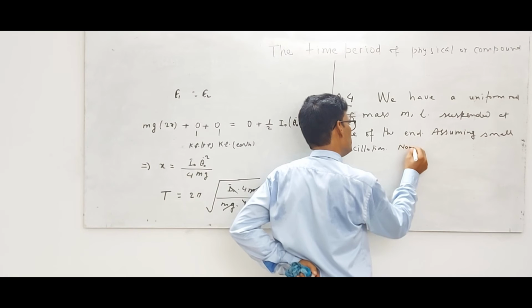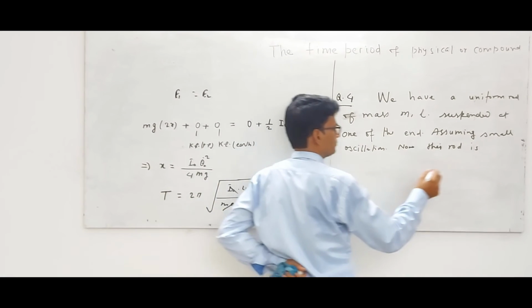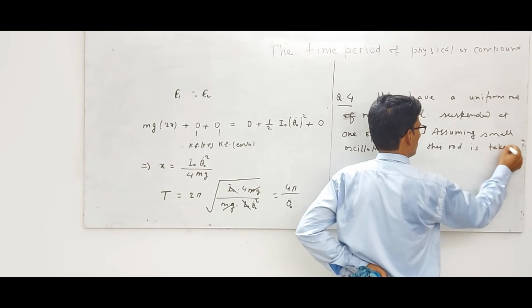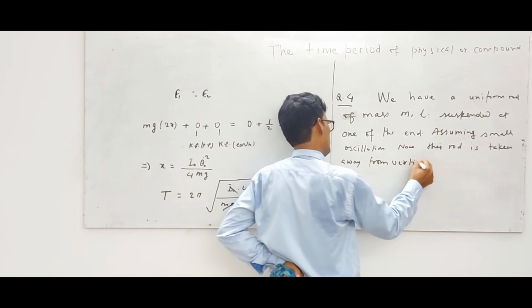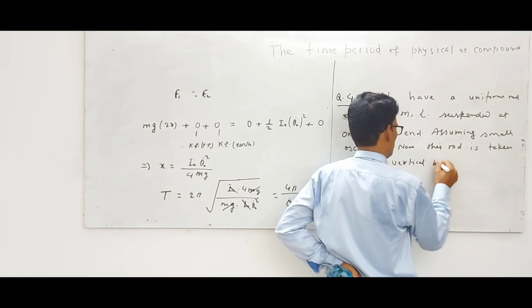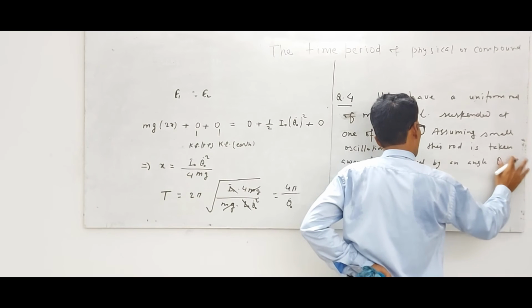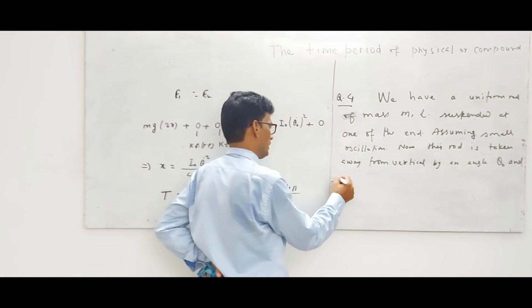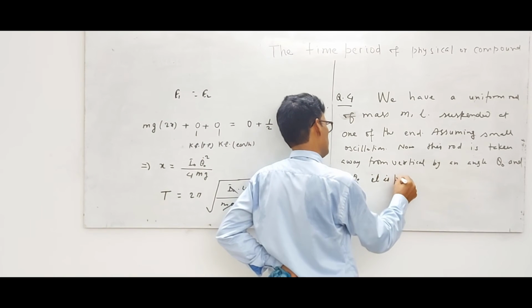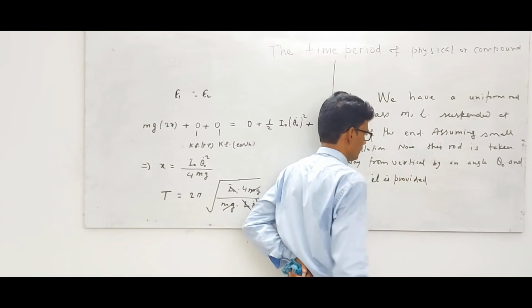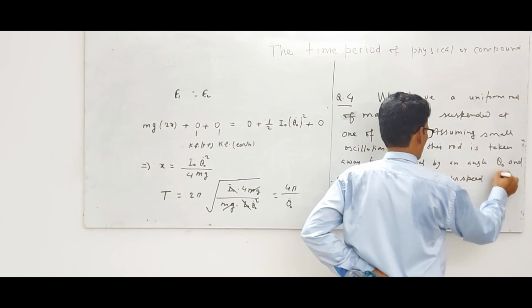Now this rod is taken away from vertical by an angle theta naught, and at theta naught it is provided angular speed theta naught dot.